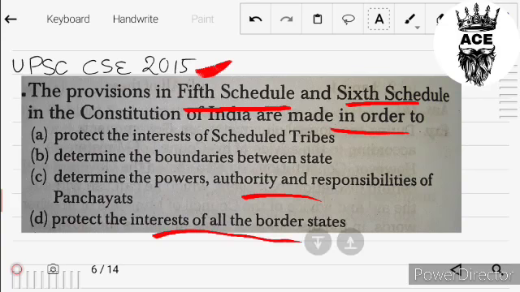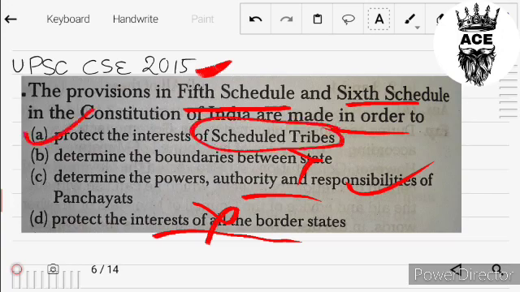If you know the schedules, you know this is not discussed in those schedules, but in which schedule is it discussed? Schedule 11. This one is also not there, so option A is correct.